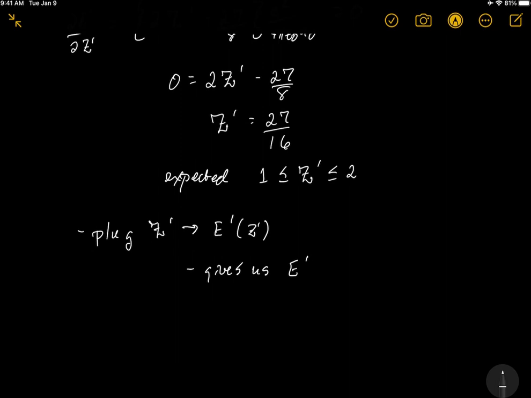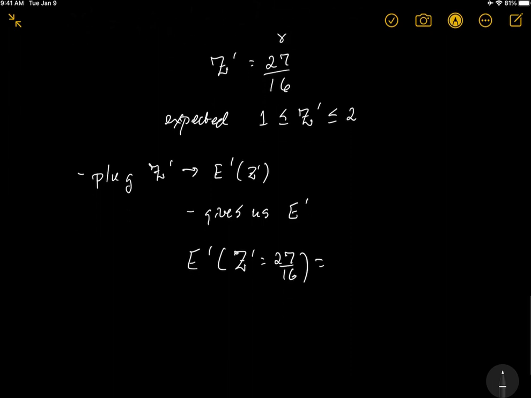And when you plug all the numbers in, if we plug in E prime and we plug in Z prime is 27/16, and we put in e squared over 4 pi epsilon naught a naught, in terms of electron volts, we get minus 77.5 electron volts.